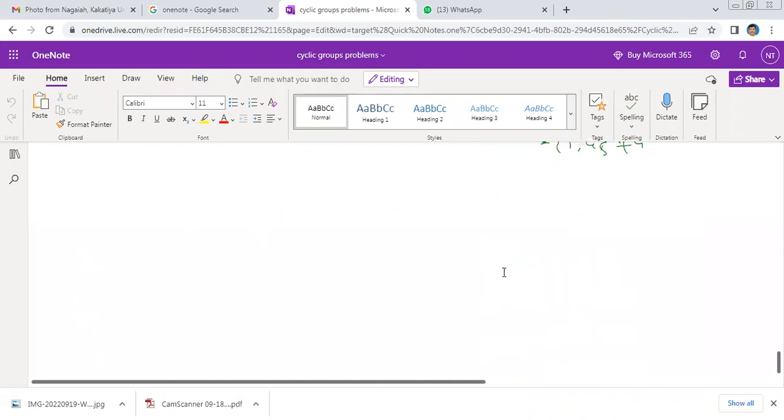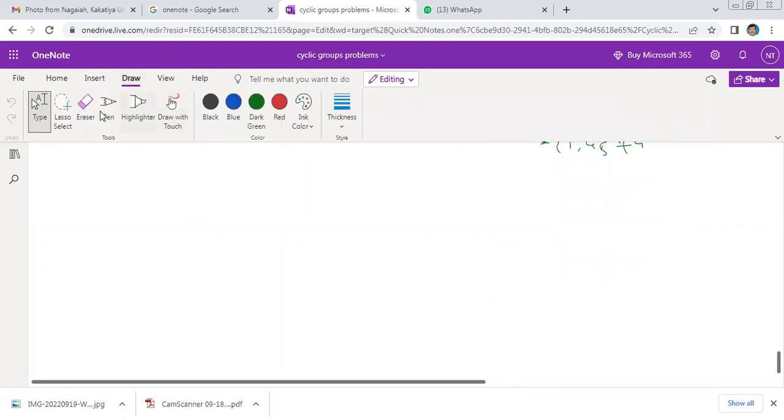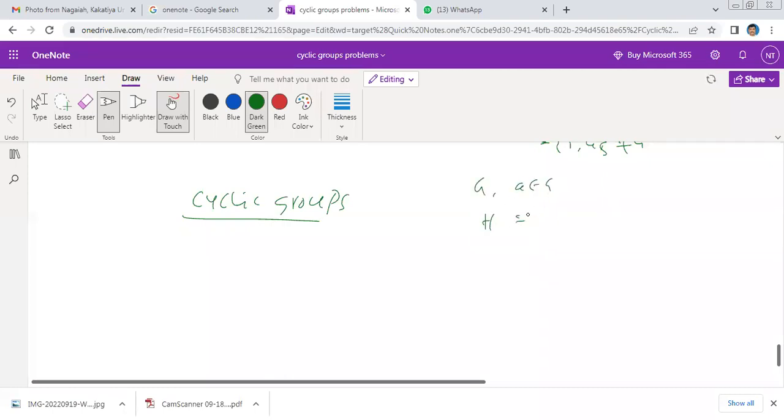Now, what is the definition of cyclic groups? Very simple definition. We already gave the definition previously. I gave you a notation earlier: H is equal to the set of A to the power of n such that n belongs to Z, where G is a group and A belongs to G. This forms a group called a subgroup.